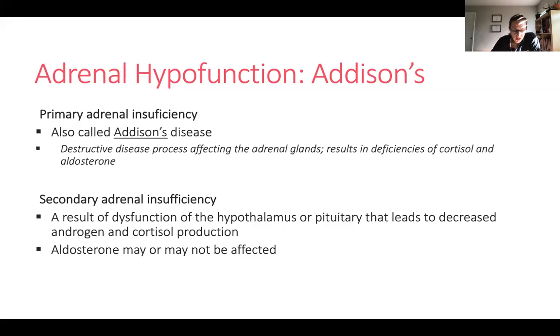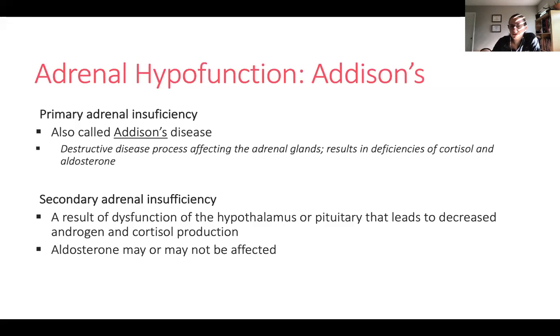Other causes could be diseases such as fungal infections, TB, AIDS, metastatic cancer, adrenal toxins, or hemorrhage. The other kind is secondary adrenal insufficiency, and that is a result of the dysfunction of the hypothalamus or pituitary gland.